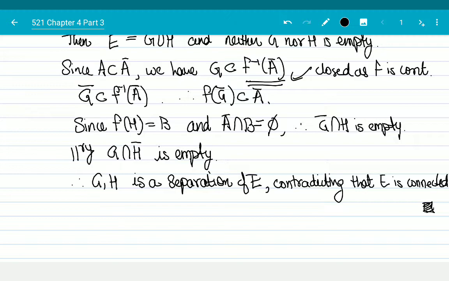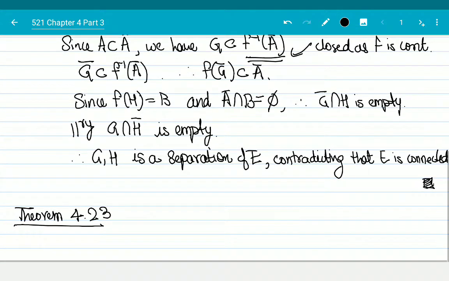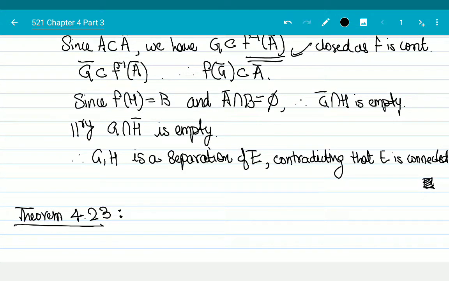This gives rise to a very important theorem that you have seen before, all of you, I hope, at least. You might not have seen it in this generality.